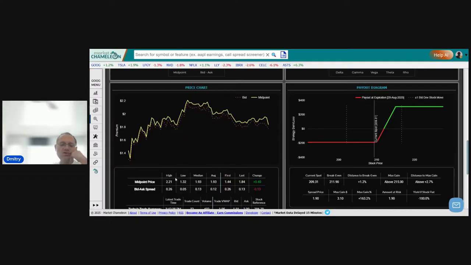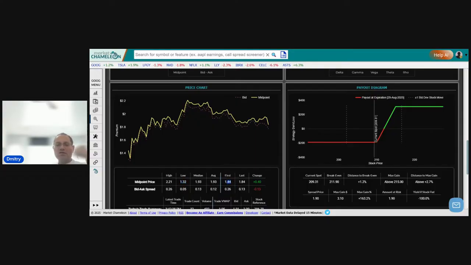So we could see here that if we're tracking the midpoint, the high of the day is $2.21. The low was $1.32. The median price was $1.93 and the average was $1.93. So you could see that even around the median price, it got pretty far away.